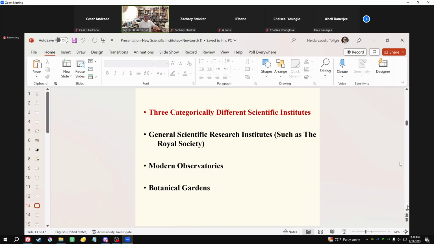And then the third type of institute was botanical gardens and museums. Why botanical gardens and museums?